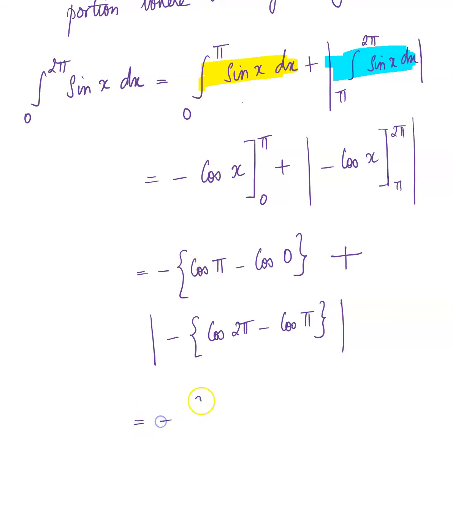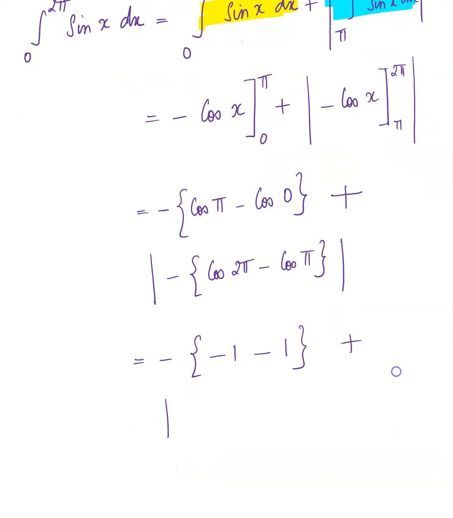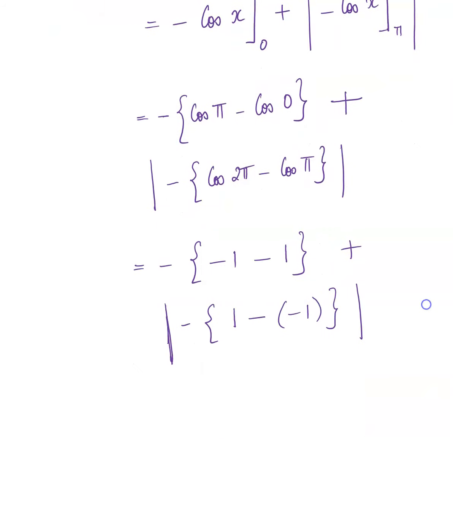So we have negative cosine pi is negative 1 minus cosine 0 is 1, plus absolute value of negative cosine 2 pi is 1 minus cosine pi is a negative 1. Be super careful here. This is absolute value bars. When there are double minus, watch out for that.